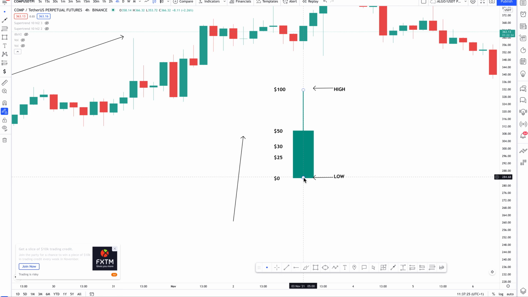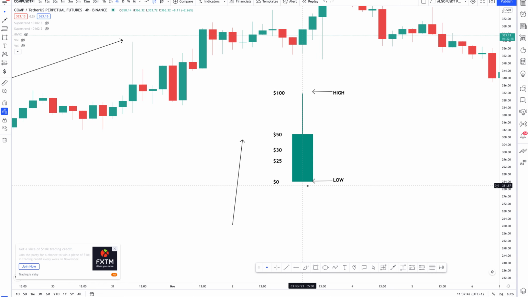Okay, now let's say this individual candle had price struggling between picking these and that. So let's say this individual candle got to this, let's say it all started somewhere there.